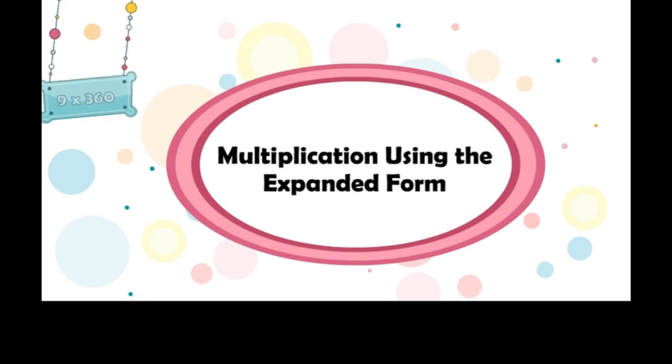Multiplication using the expanded form. Multiplying a one-digit whole number by another one-digit whole number is done through repeated addition. We know that when we multiply any one-digit whole number by a place value, such as 100 and 10, we get 500 and 50.